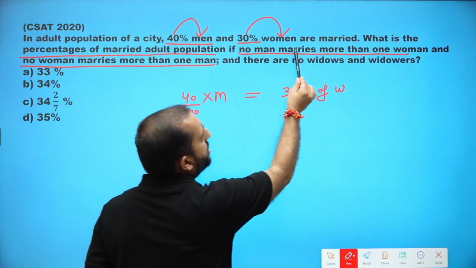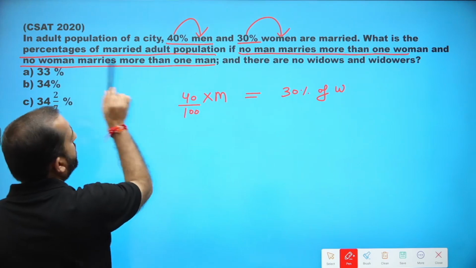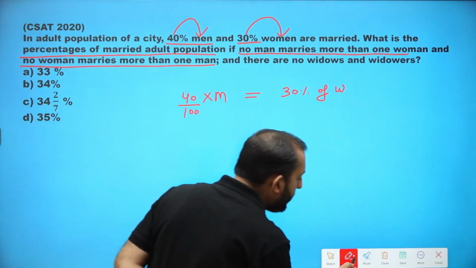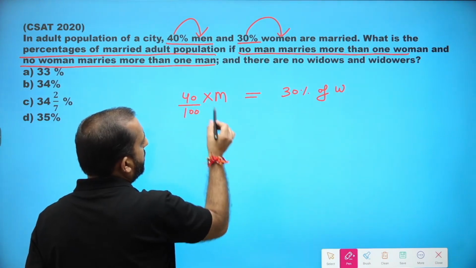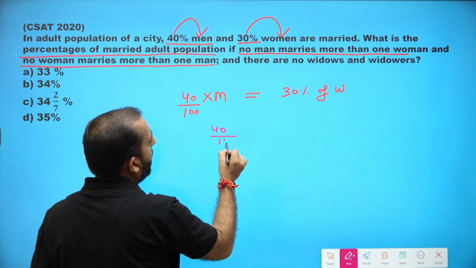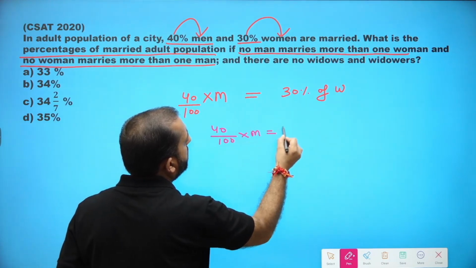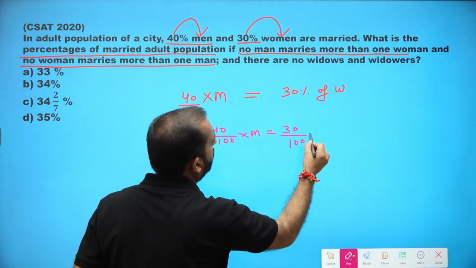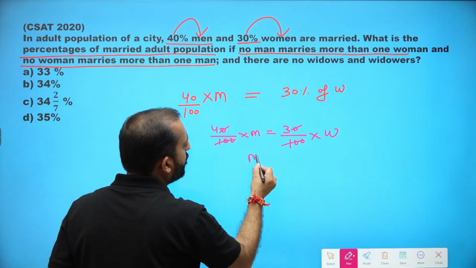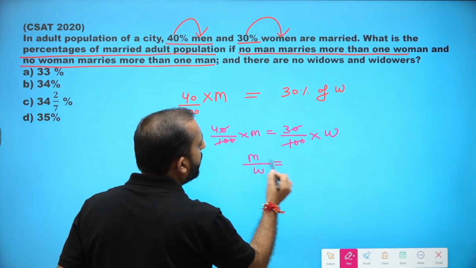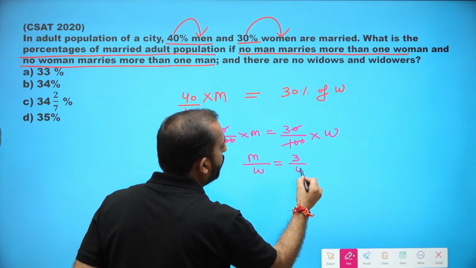Because no man marries more than one woman and no woman marries more than one man. From here, I can see this will become 40 by 100 into M equals 30 by 100 into W. 100 gone, 0 gone. So the ratio of number of men to number of women will be 3:4.